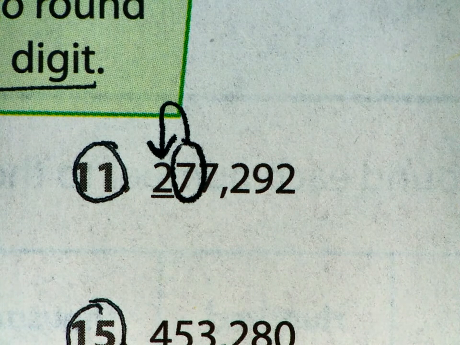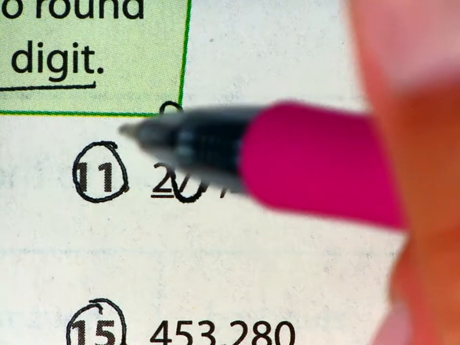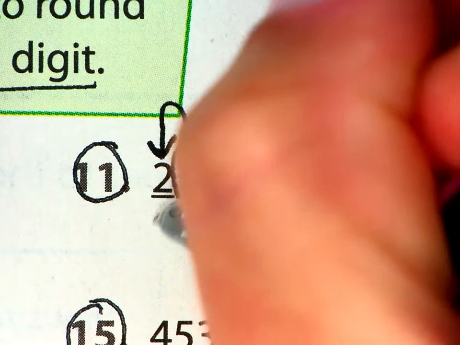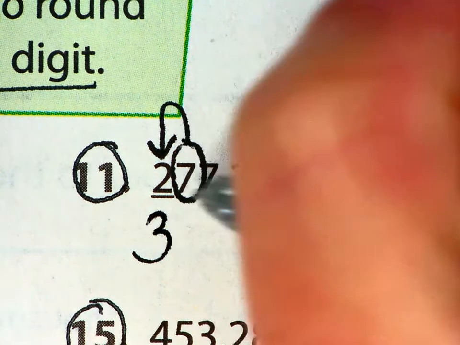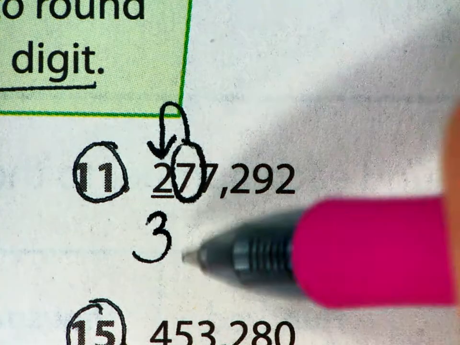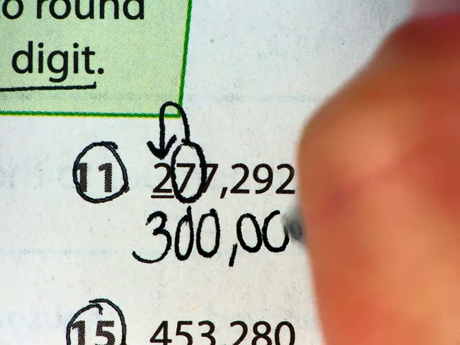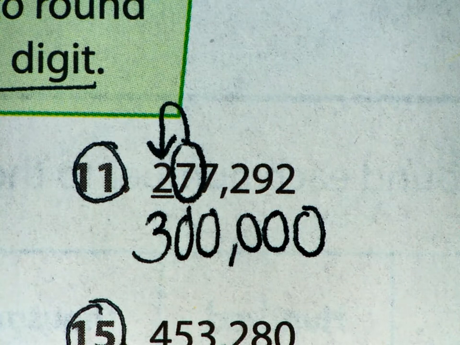Or is it 4 or less? Think to yourself. Well, yeah, a 7 is 5 or more. So we're going to let this soar. Let it soar means it's going to go up 1 number. So 2 now becomes a 3. The rest of the numbers become zeros. I'll write the correct number of zeros this time.